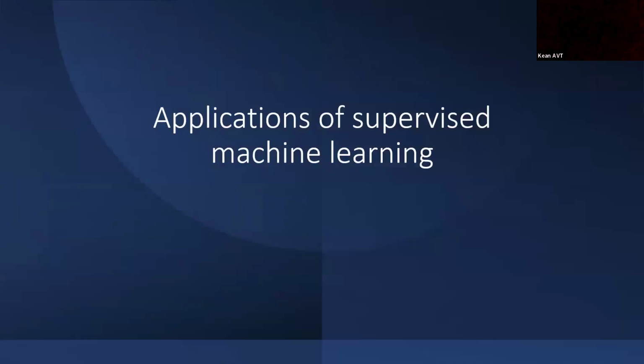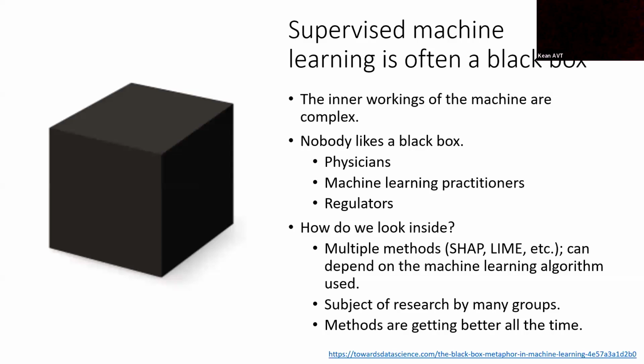Okay, so moving on to applications of supervised machine learning. Supervised machine learning is often referred to as a black box, and this is because there's so much complexity in the algorithm. And nobody likes a black box. Physicians don't like it, because we want to understand the data, and if we're going to make a diagnosis of cancer, we want to know what's going on.